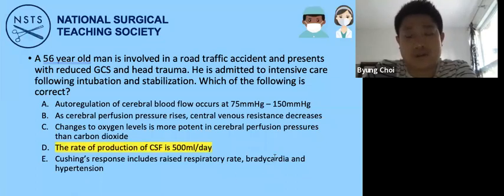Now, let's go through some of the other options as to why they aren't correct. Autoregulation happens between 50 to 150 rather than 75.